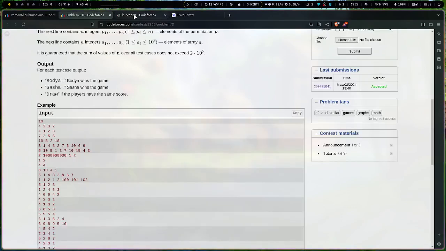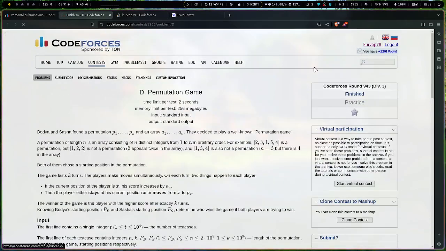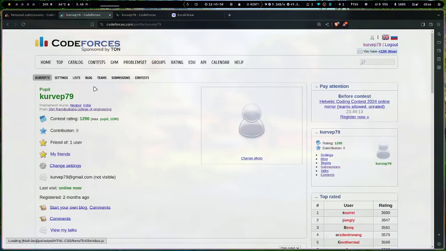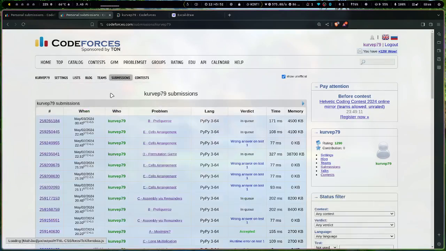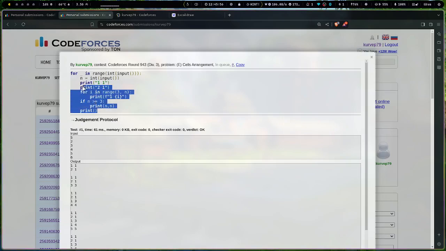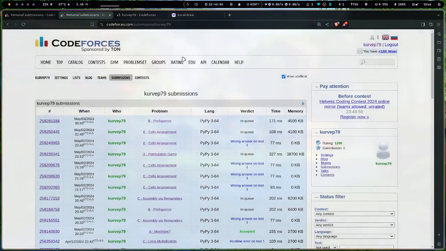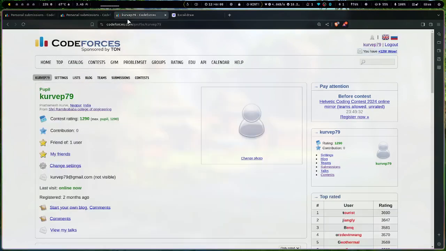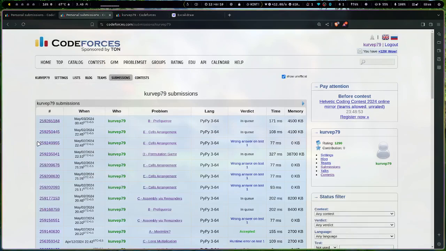So what happened? We will go here. This is the solution. You can check it out, or read the question and check it out, and you will understand it.